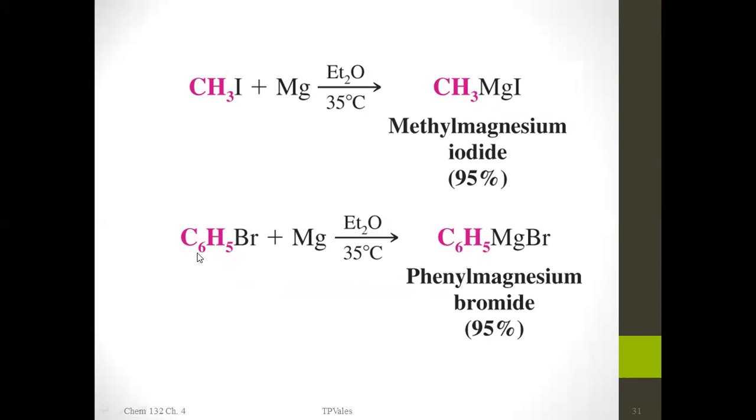This is a phenyl ring, like a benzene six-membered ring, but one of the carbons is substituted with Br. With magnesium, you get your C6H5MgBr. This is phenyl magnesium bromide. What is phenyl? Phenyl is just a benzene ring minus a hydrogen. Benzene is the whole molecule with the hydrogen, C6H6, but phenyl is minus one hydrogen. So you have phenyl magnesium bromide here, and methyl magnesium bromide from CH3.